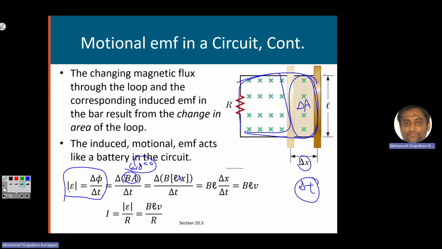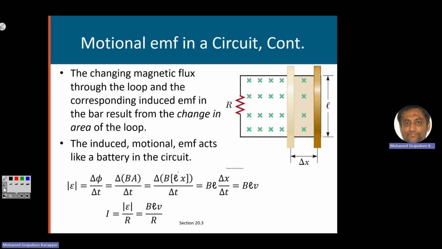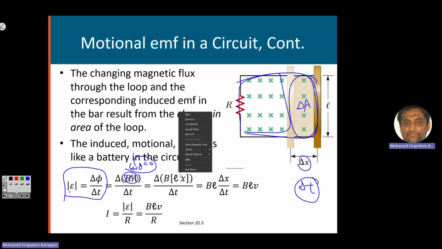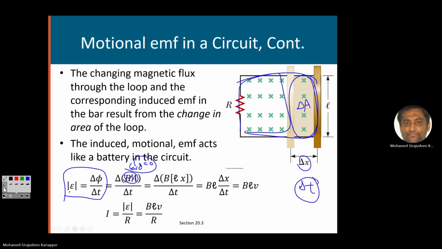For the area you put L times x, because L is this and this is x, so delta A is L times delta x. L is not changing, only delta x is changing, so I can take it out. So it becomes B L times delta x over delta t.